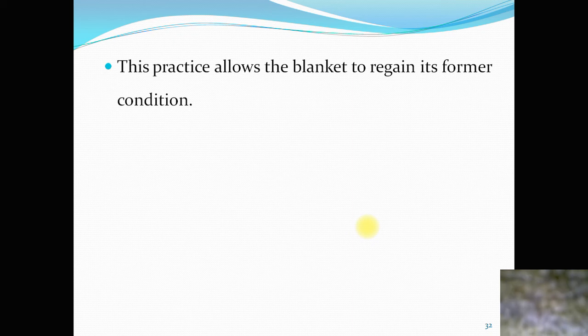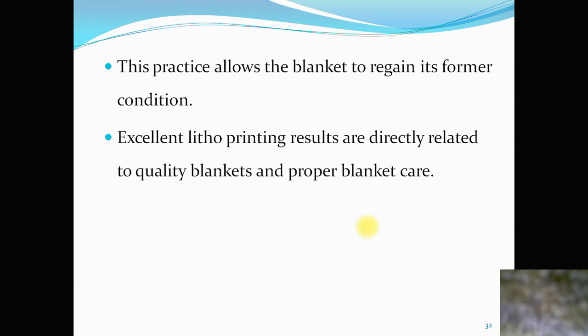If the machine is in halting position and I remove the blanket and put it on a flat surface, keeping it in a cool, dark place, the blanket will regain its former condition.